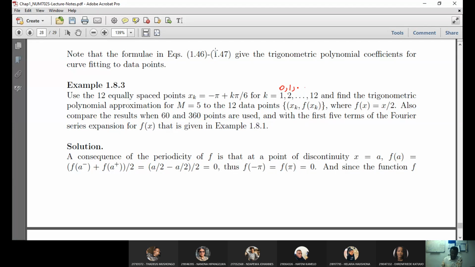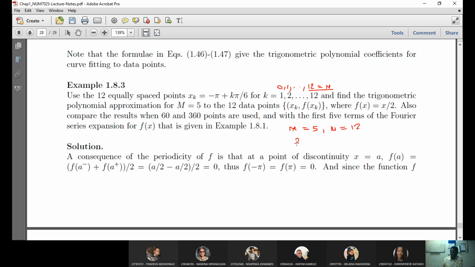So this is our capital N. Capital N is 12, and M is 5.